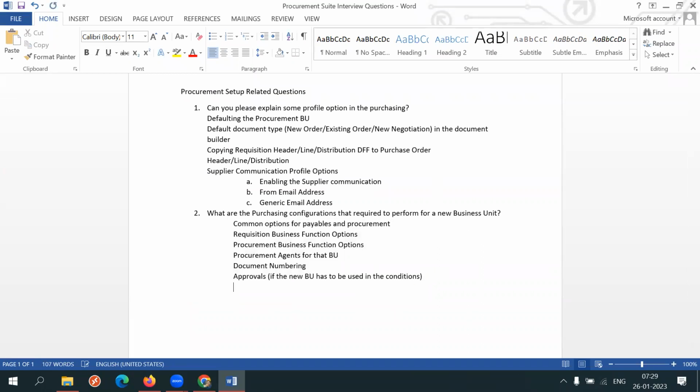If you want, you can mention TAD also, but you have to add this: if the new BU has to be used in the conditions. Sir, can we add data access also in that? Yeah, if you're able to explain like that, you can add everything. But I'm mentioning only the very, very important ones. Okay.